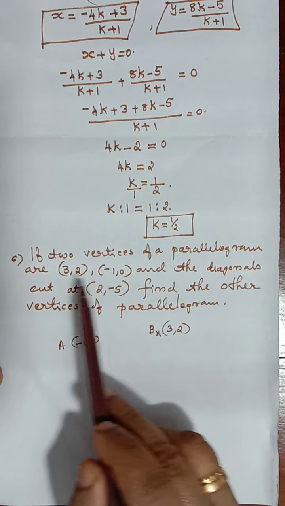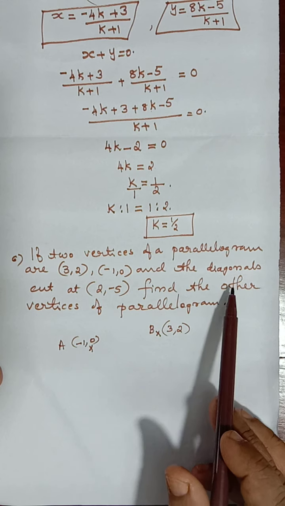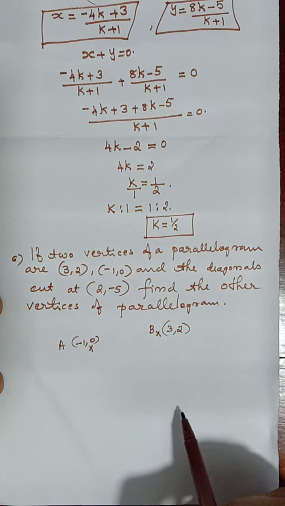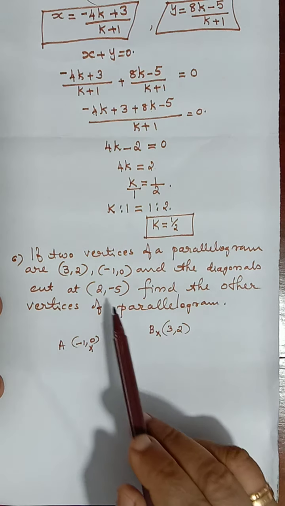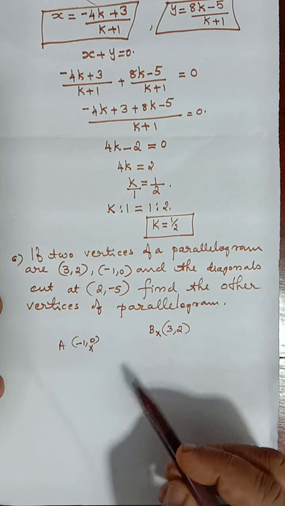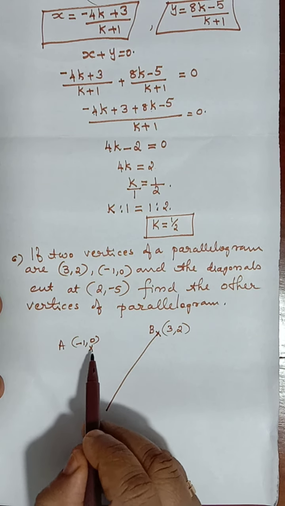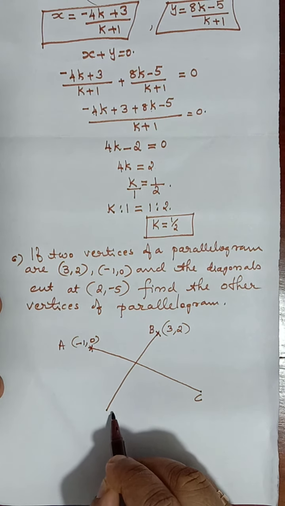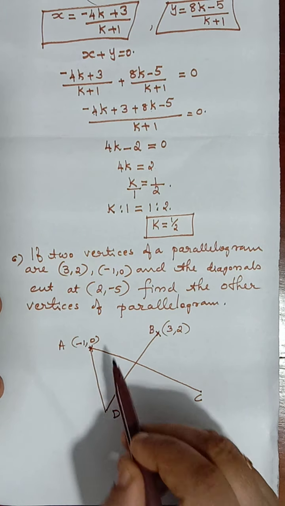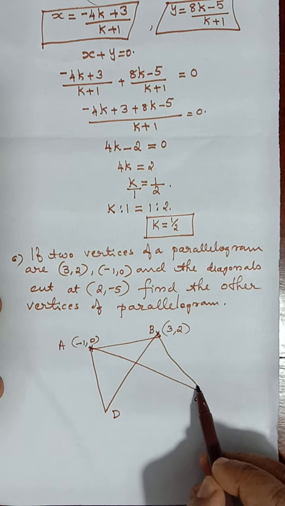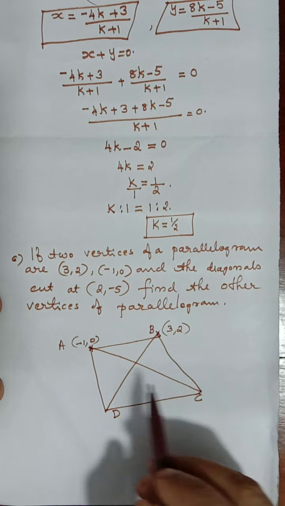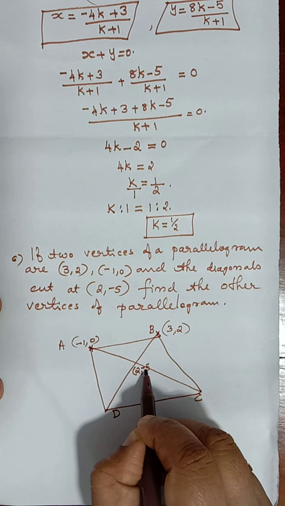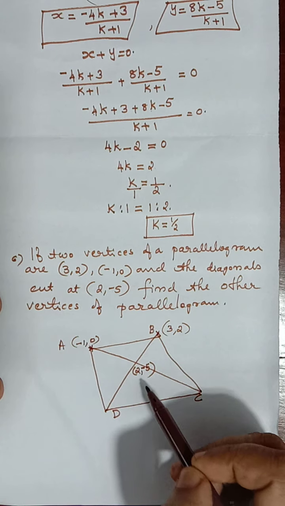Then, two vertices of the parallelogram are given and the diagonals cut at (2, -5). So if we have A, B here, and next points C and D, then the diagonals cut at (2, -5). If these are the two diagonals, A, B, C here we will mark, and D here we will mark. So A, B are given to us and the diagonals bisect at (2, -5).